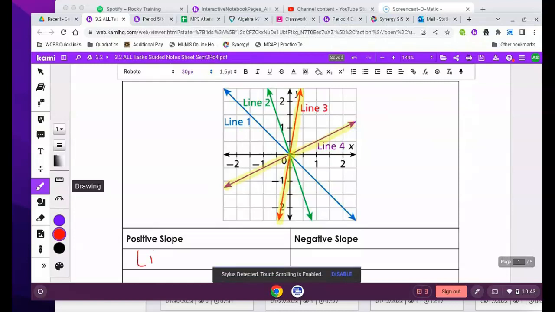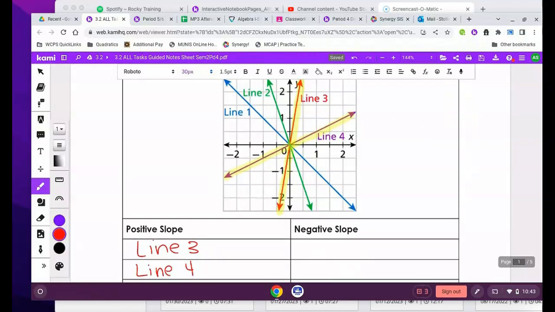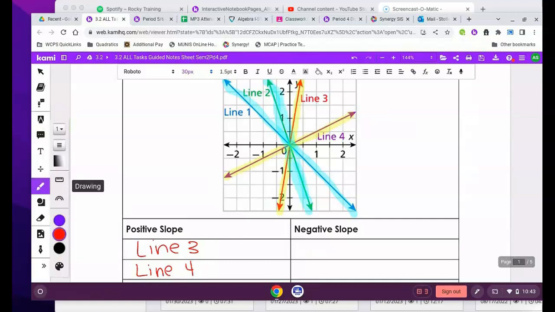So line 3 and line 4 both have a positive slope because they both go up from left to right. Now lines that have a negative slope would be going down from left to right. We can see that line 1 goes down from left to right when I trace it, and line 2 also goes down from left to right when I trace it. So the lines that have a negative slope are line 1 and line 2.